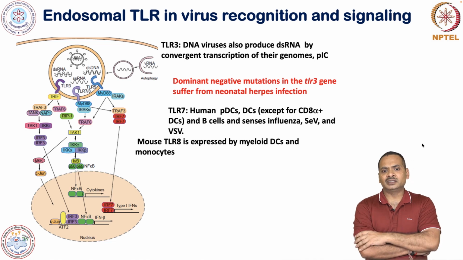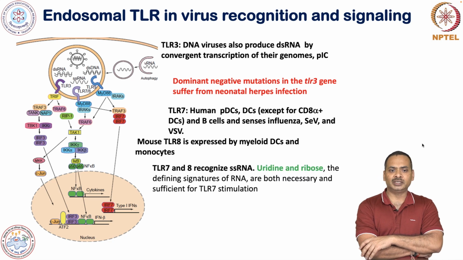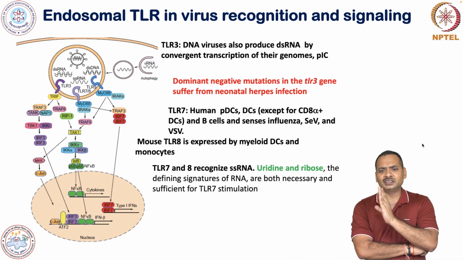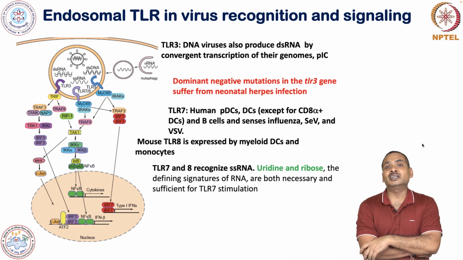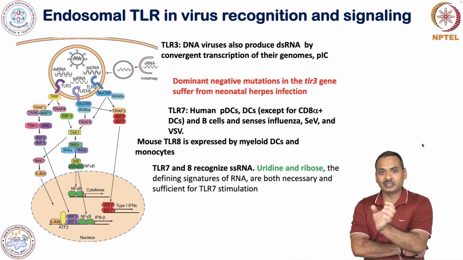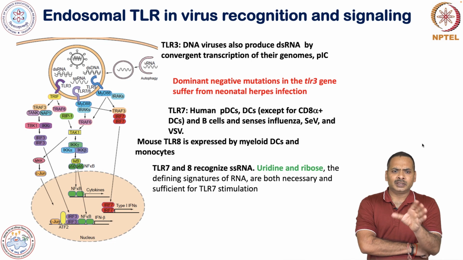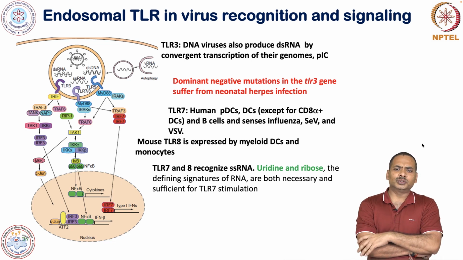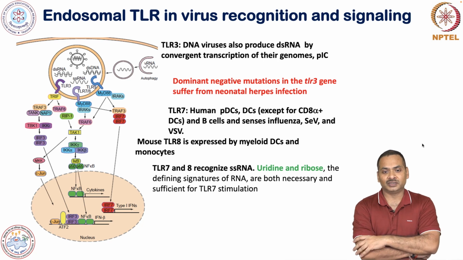Mouse TLR8 is expressed by myeloid DCs and monocytes. TLR7 and 8 recognize single stranded RNA, and the recognition component is uridine and ribose. In single stranded RNA, both this uridine and ribose are needed for sufficient stimulation of TLR7.